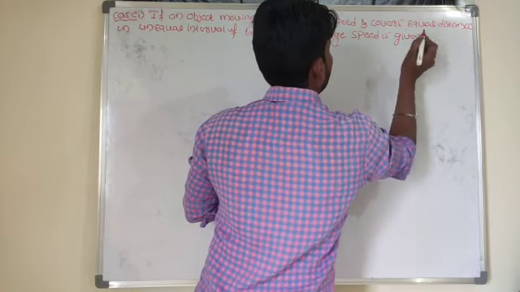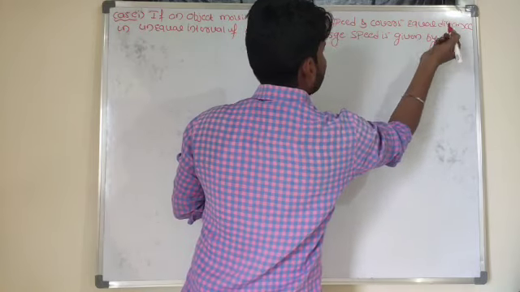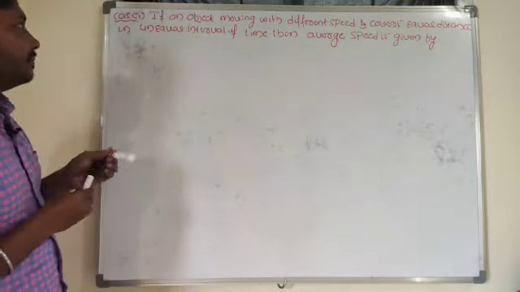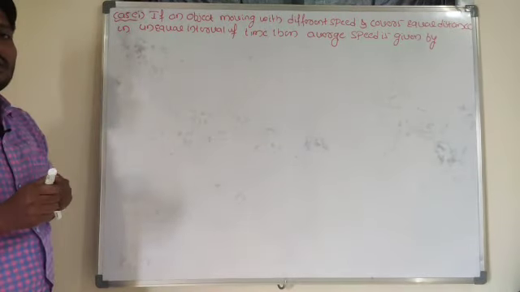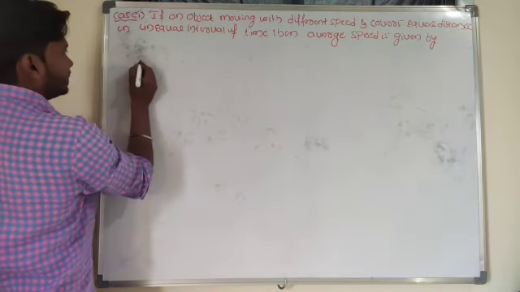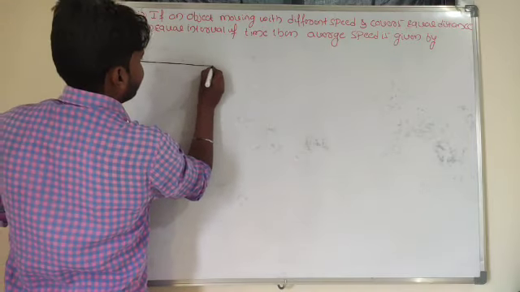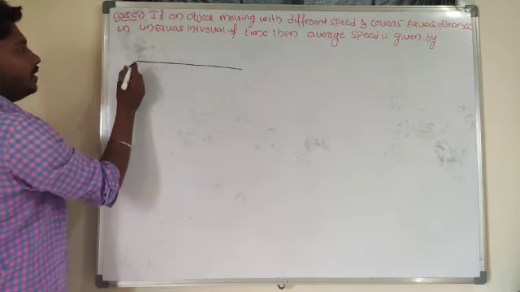Let me find out the value of average speed in this case. For this statement I will first draw a rough diagram. This is one path.